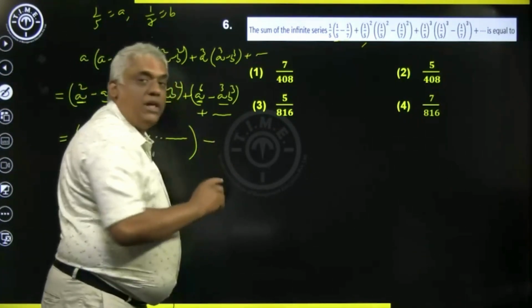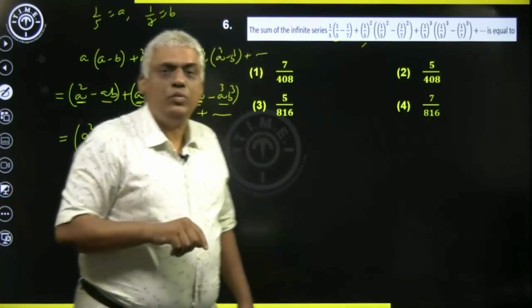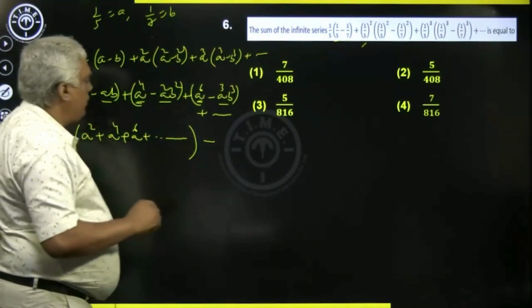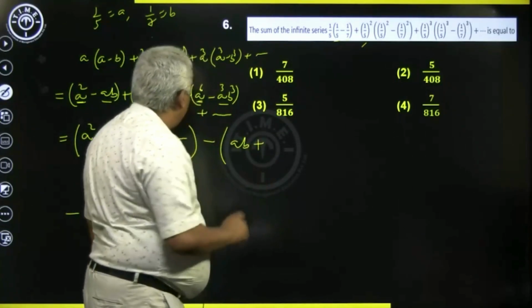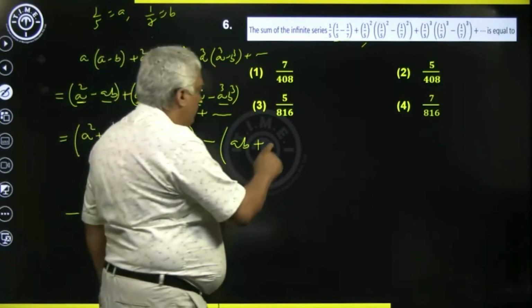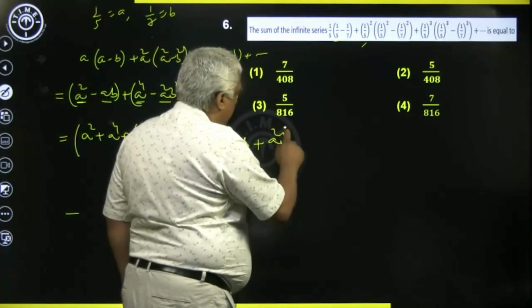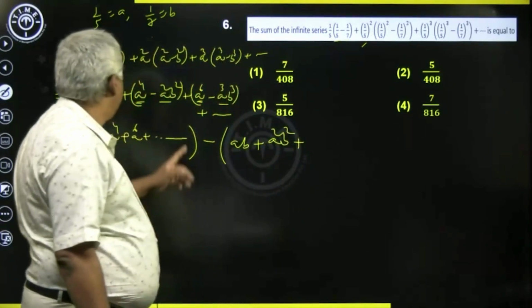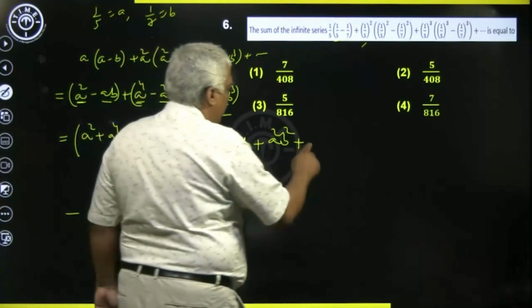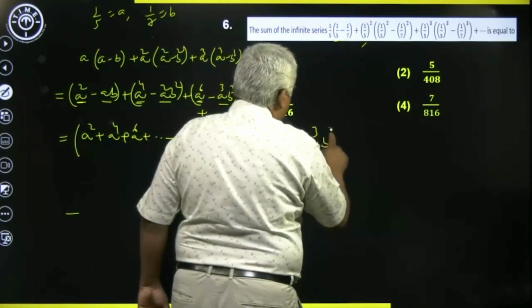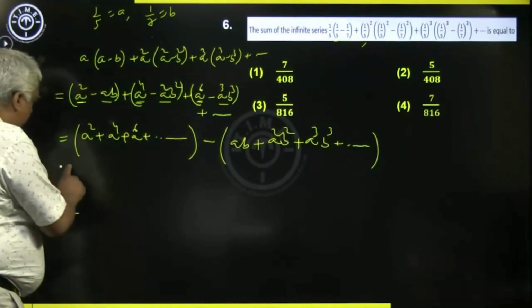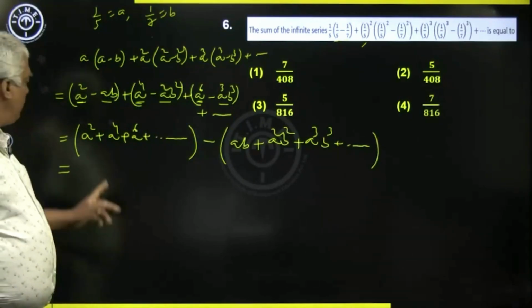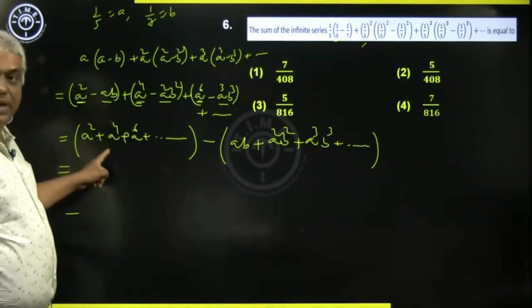Then let us take the second term of each bracket together. So I can take minus common: minus AB plus A square B square plus A cube B cube, like that, and so on. Now this is an infinite GP series with a common ratio A square.